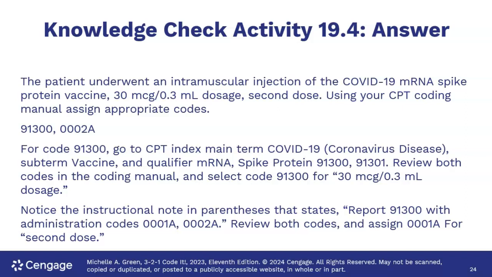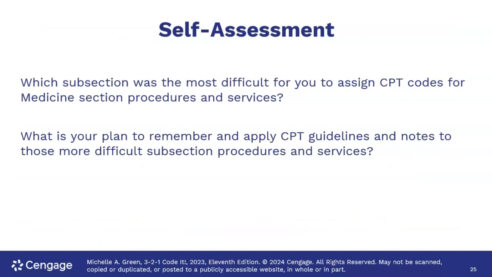The instructional note says report with administration codes. Now, some of your administration codes will be in the medicine section, will be a 9000 code. So don't be alarmed here if you see the 0 code. It can easily be a 9000 code for that.